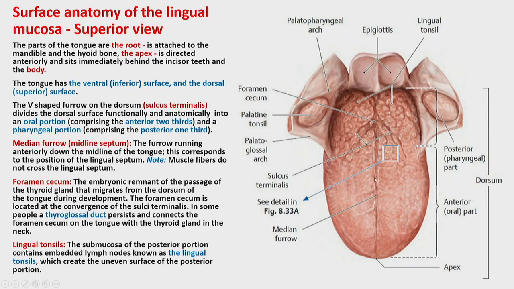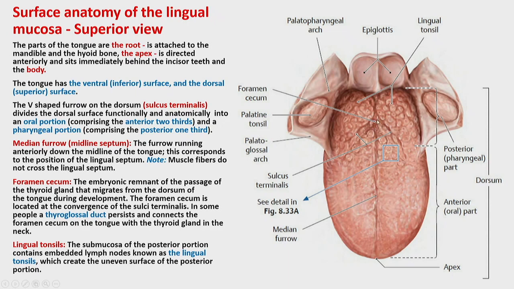If you continue deep from this groove, it continues as a midline septum, which is connective tissue that totally separates the right and left sides of the tongue. So the muscular fibers do not cross over. The tongue is divided by this median septum into right and left, and no fibers, or only very minimal small fibers, penetrate this septum.